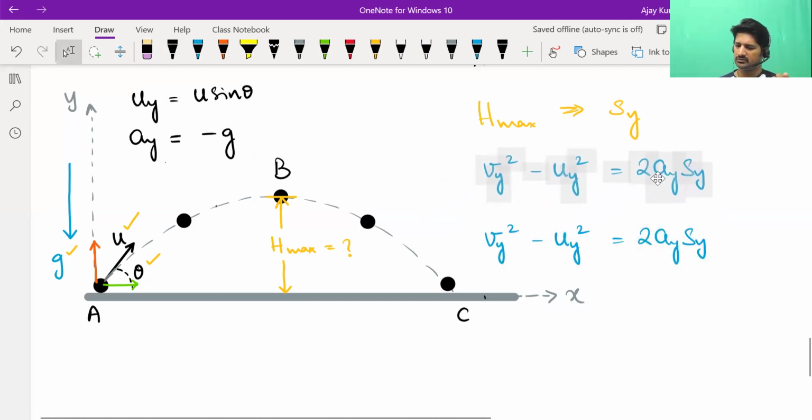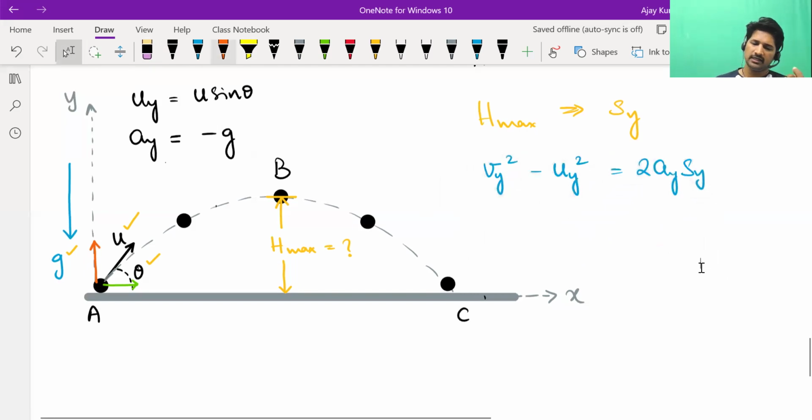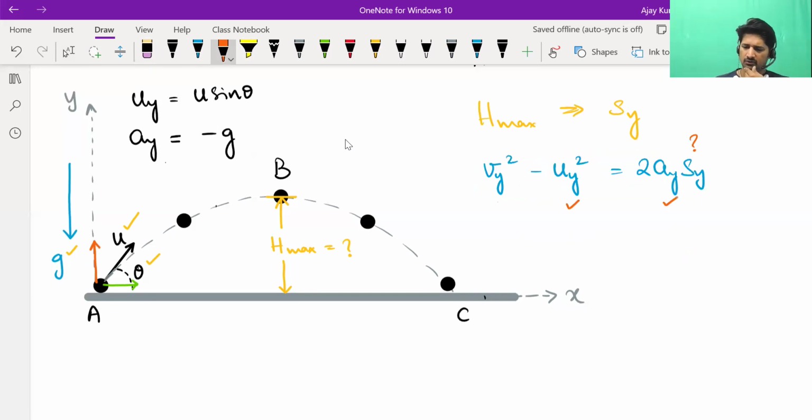Aishwarya, you tell me, to use this equation and calculate displacement, what all do we need to know? Initial velocity, final velocity, and acceleration. Initial velocity and acceleration are clearly known. Do you know the final velocity in the y direction when it goes from A to B?